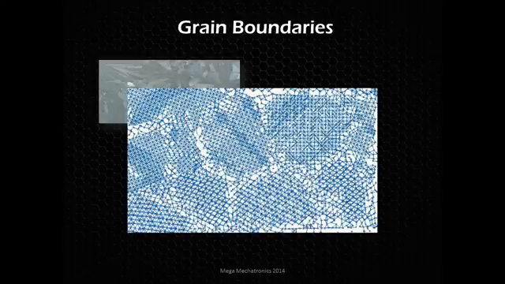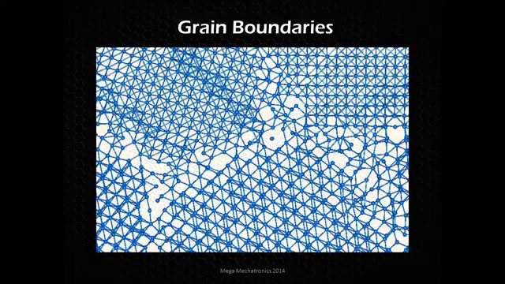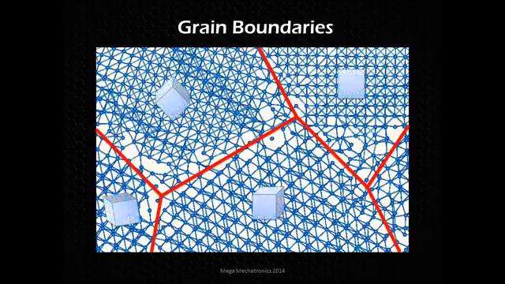So looking at a computer-generated model, you could sort of see the crystal structure, a uniform grain, and then those grain boundaries around there. We'll zoom in even closer, sort of outline those, and then give you an idea of the different orientations. And the size of the grain boundary is definitely important.